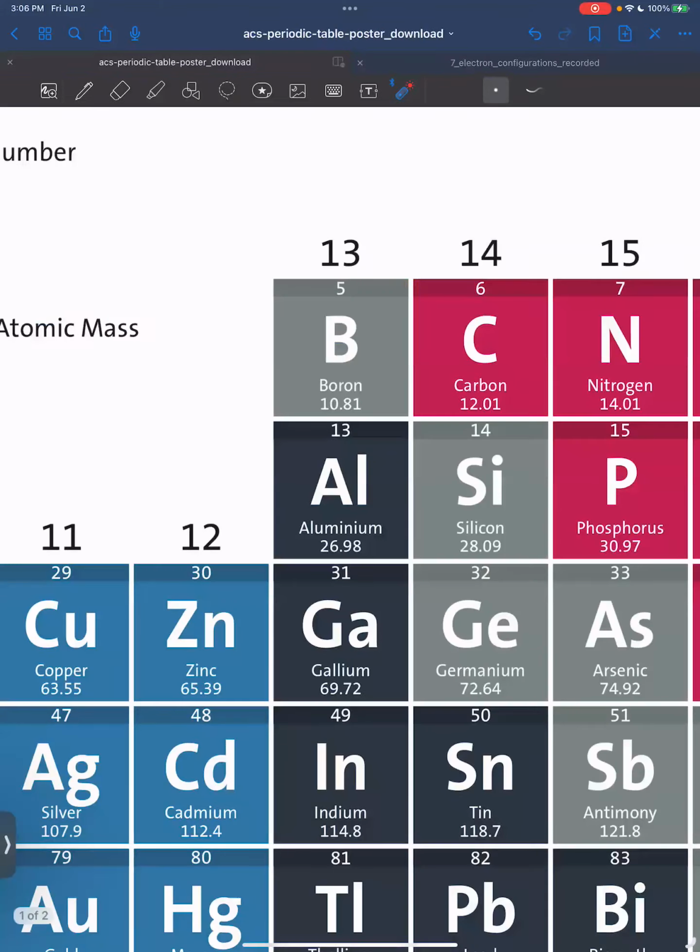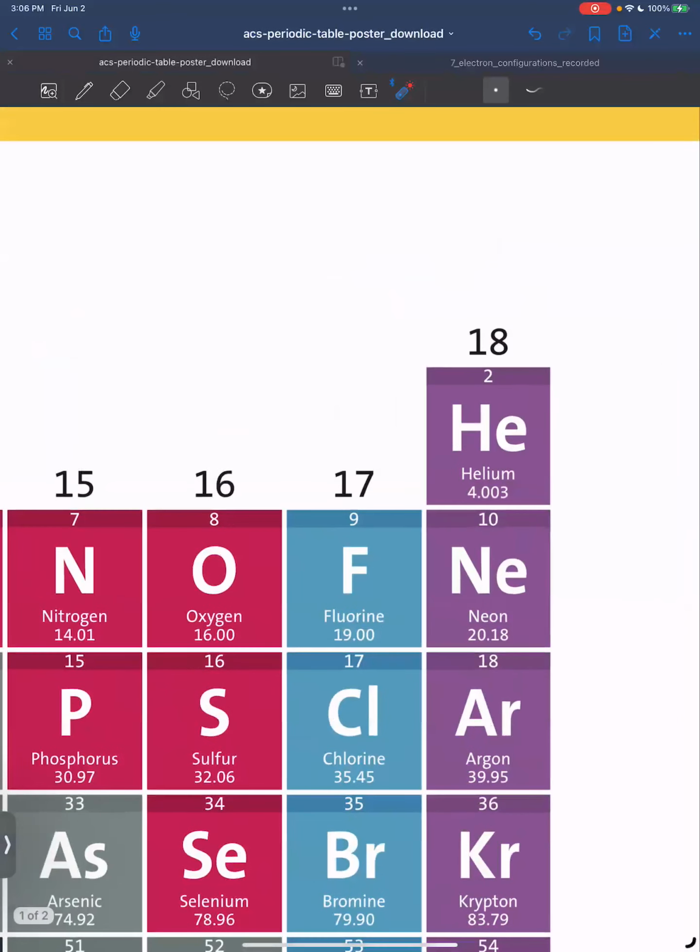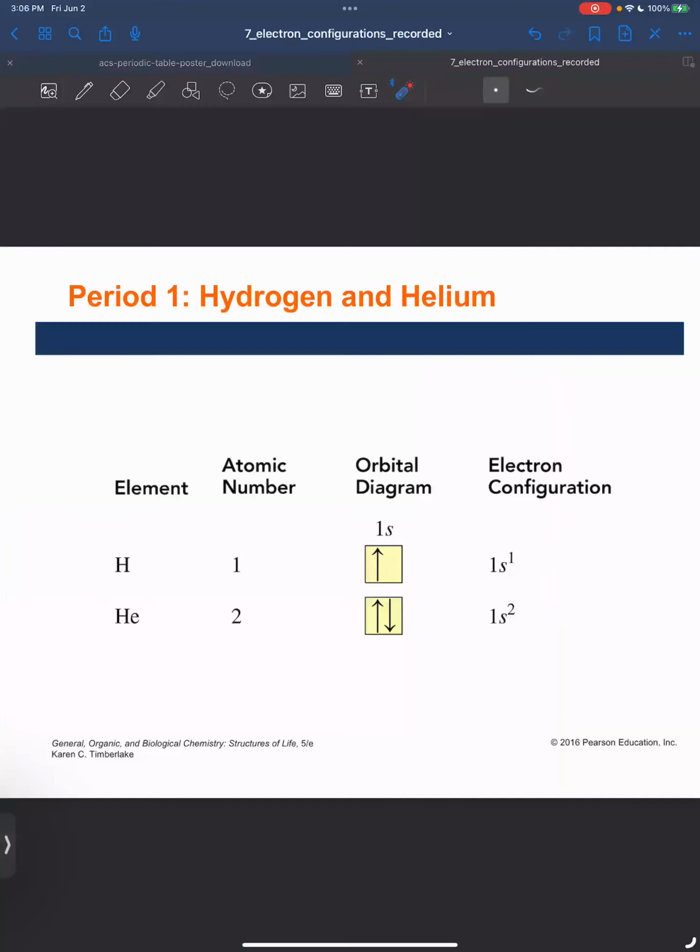Helium, if we go back to our periodic table, has atomic number 2. So that's 2 protons. And because this is a neutral atom of helium, then we have 2 electrons. And so therefore, once again, start with the lowest energy orbital, which is 1s. So we draw our 1s box.